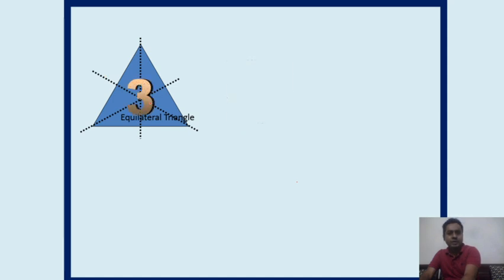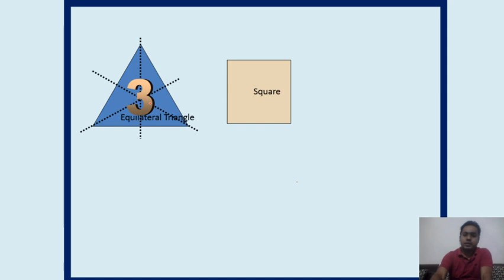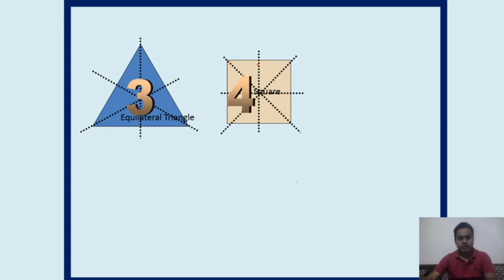So the order of symmetry is 2. And this is a square, and it has four lines of symmetry, by this line and in this way. It divides into four similar shapes. So the line of symmetry is 4.